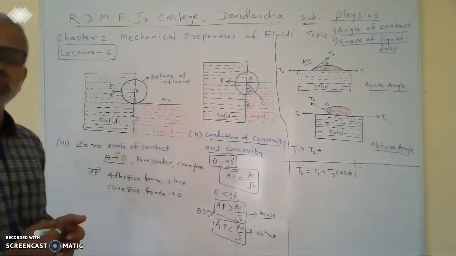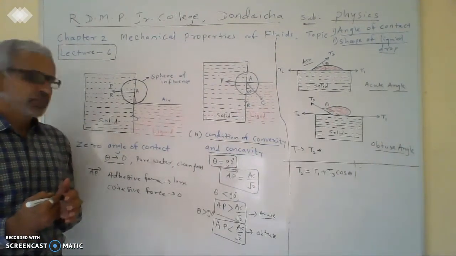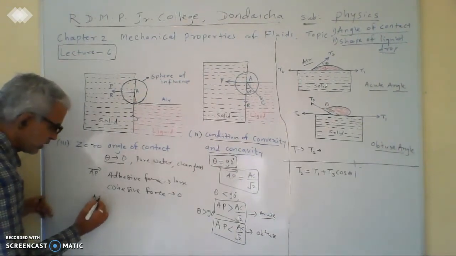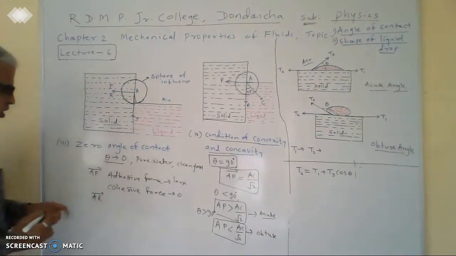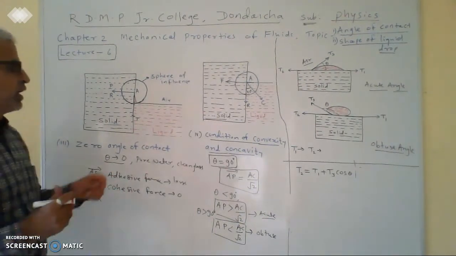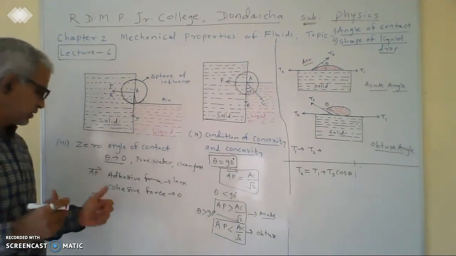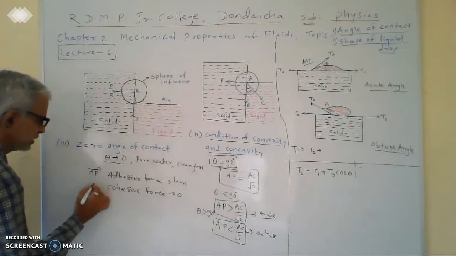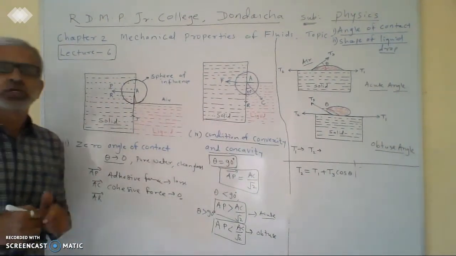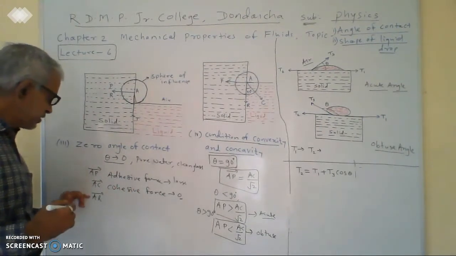Negligible cohesive force will be produced on molecule A. Then the resultant of adhesive and cohesive force, vector AR, will lie on vector AP, because this cohesive force, vector AC, since it is 0, is not shown in figure.